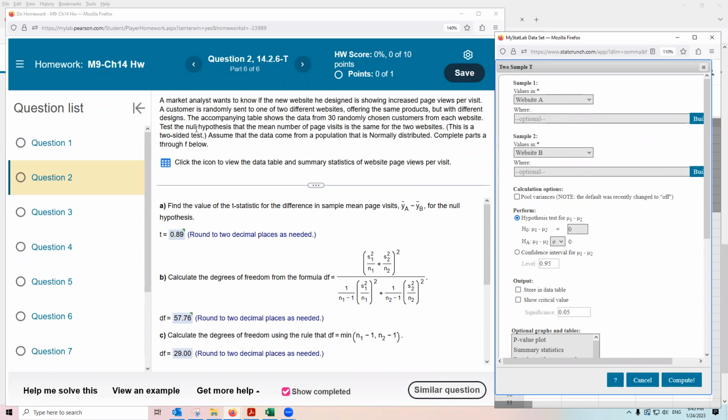Now, they say test the null hypothesis, the mean number of sites is the same, and this is a two-sided test. Well, for a two-sided test, you have to make the alternative be a not equal symbol. So I'm going to leave this here set to be not equals. That indicates a two-sided test. And I'm just going to click compute now.